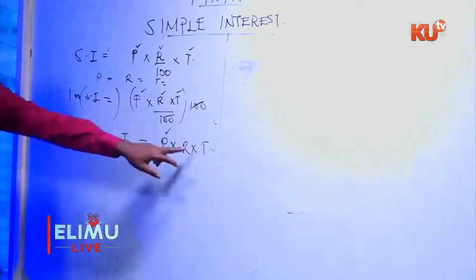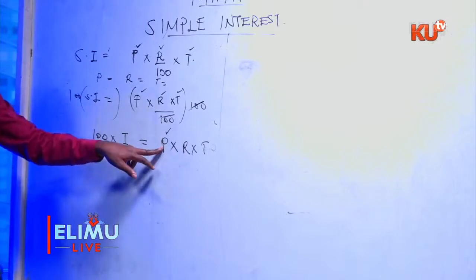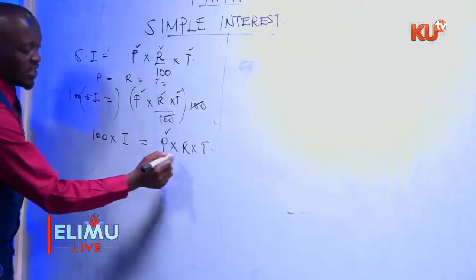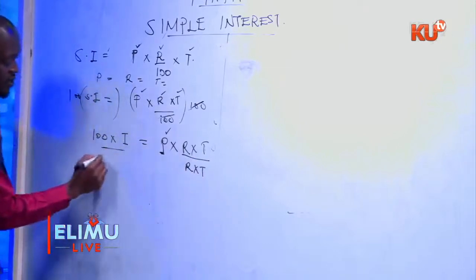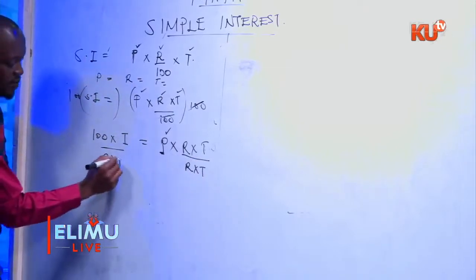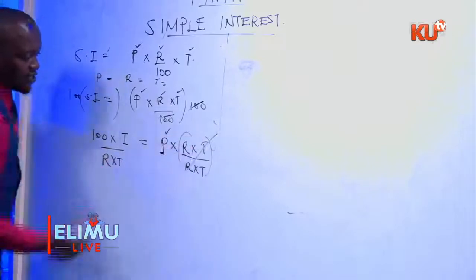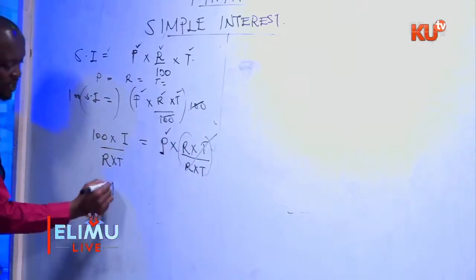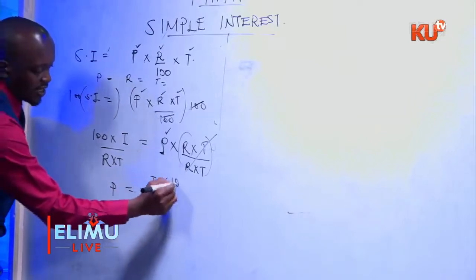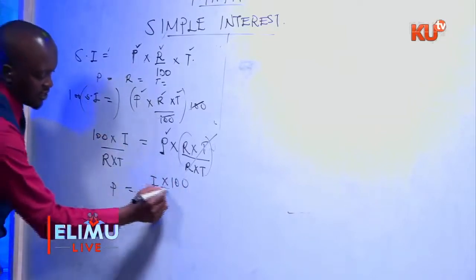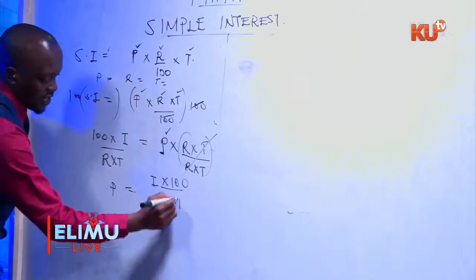So to remain with principal alone this side, we are going to divide both sides by rate times time. And these ones will cancel, meaning that the formula of getting principal is equal to interest times 100 over rate times time.